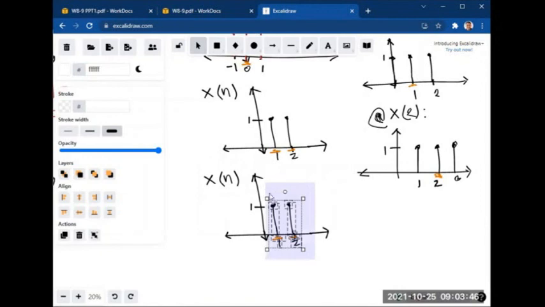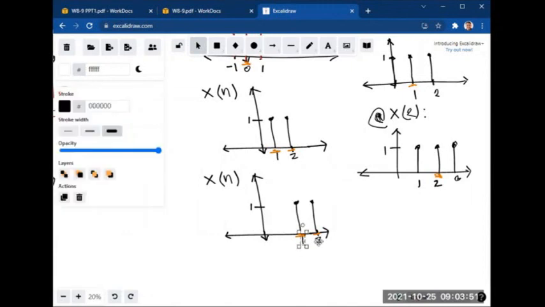if we shift our input signal, let's say instead of time 1 and time 2, we shift them to time 3 and time 4. So what happened is our input signal moved by 2 places, so n minus 2.